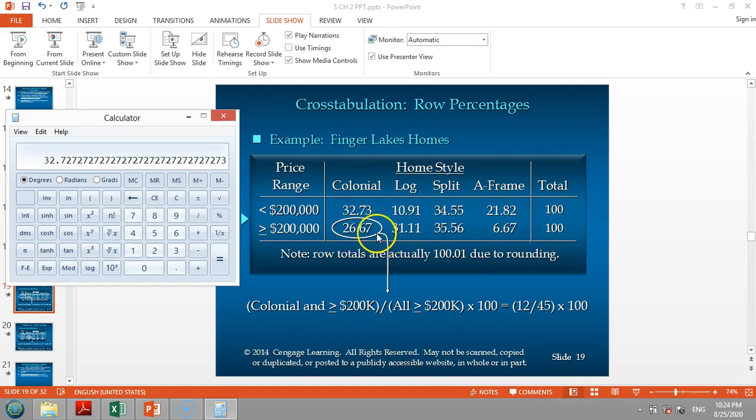On the bottom row, what number multiplied by 45 equals 100? So it's going to be 100 divided by 45. In this case, you multiply the bottom row by 2.22.